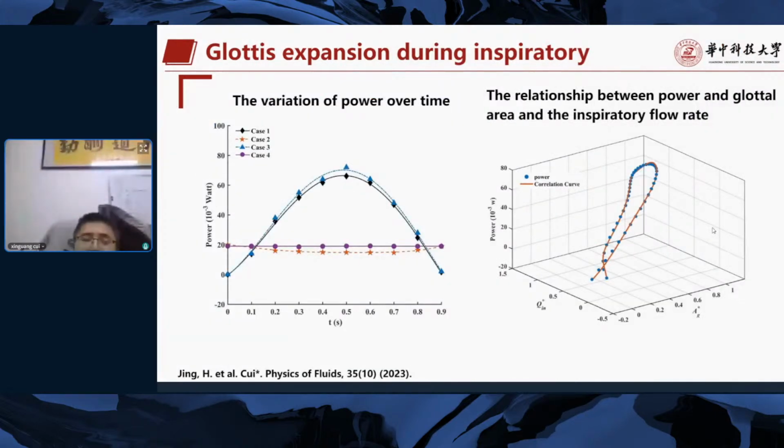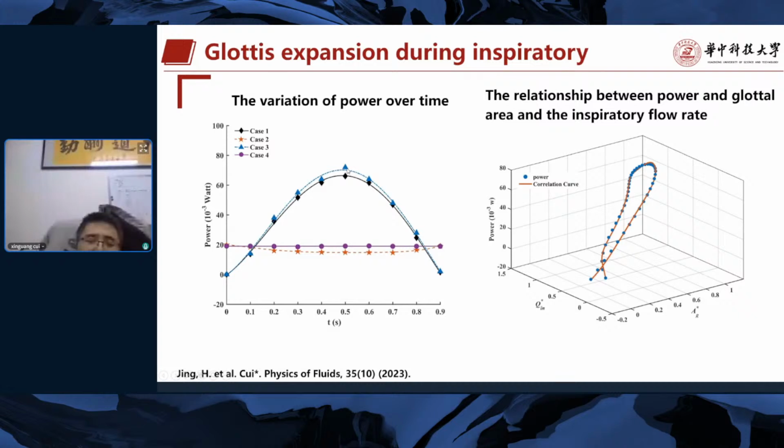And why? For example, in the first one, the black one, we consider both the unsteady inspiration and the glottis motion. In the second one, we don't consider it; we assume that the glottis is static.